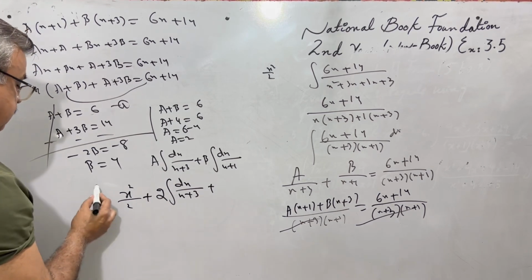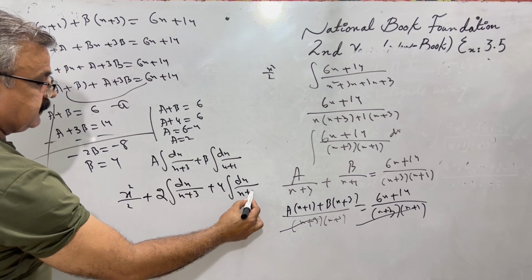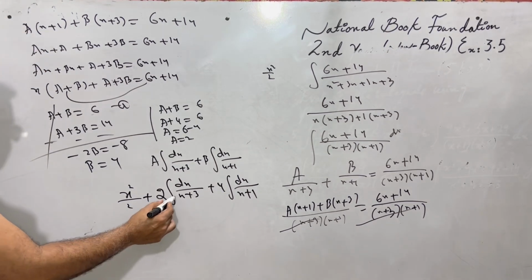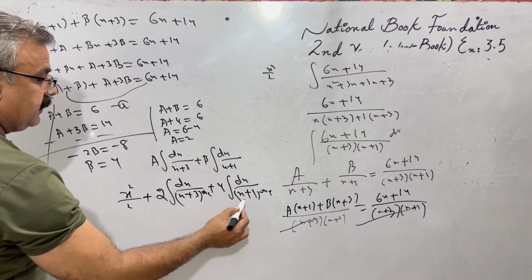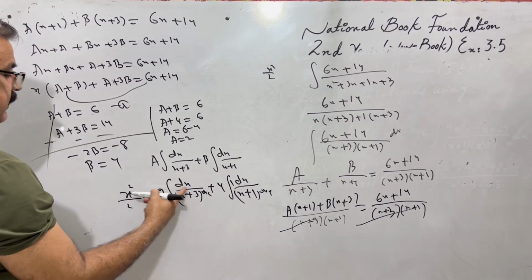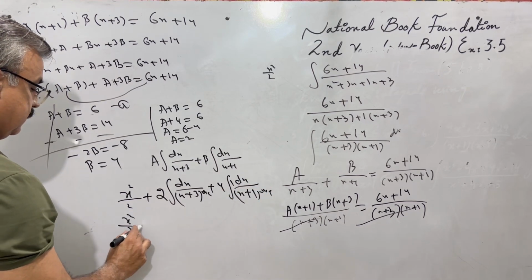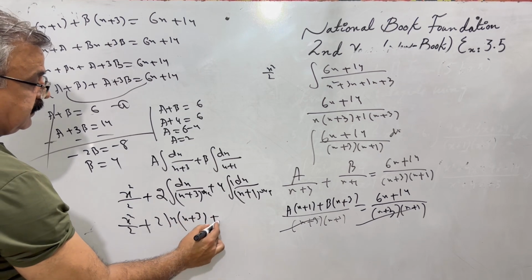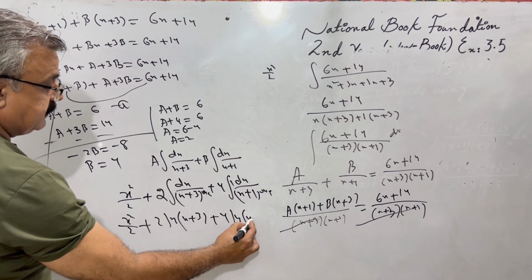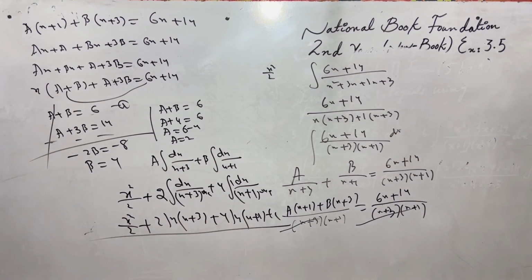The value of B is 4, dx over x plus 1. It is the same case of ln, with function derivative overall power 1. Differentiation of x is 1. So x square over 2 plus 2 times ln of x plus 3 plus 4 times ln of x plus 1 plus C is our answer.